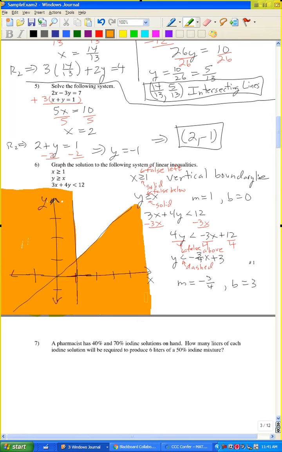Okay, good. Next, the y-intercept is 3. It's dashed. And I go down 3 over 4. Okay, so I'm here.